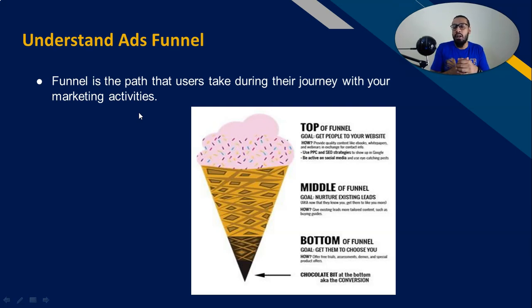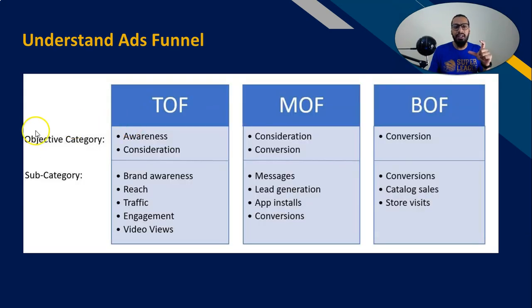In the third phase, they are in a state of purchasing, and in the fourth stage, they purchase your product or service. So you have to identify the funnel: from path A to path B, you have this strategy. From path B to path C, this strategy. For path C to path D, this strategy will be applied. So this is the basic concept of a funnel.